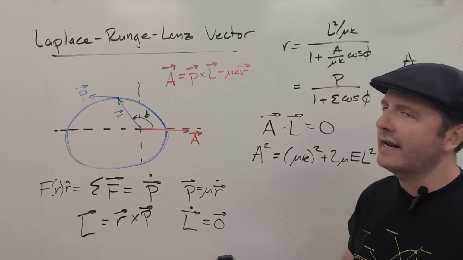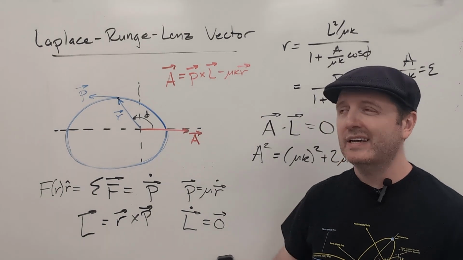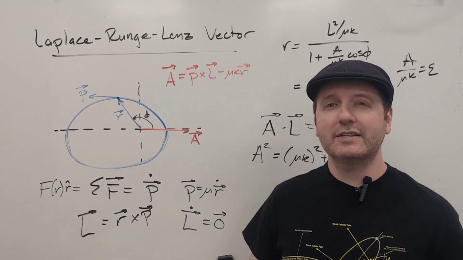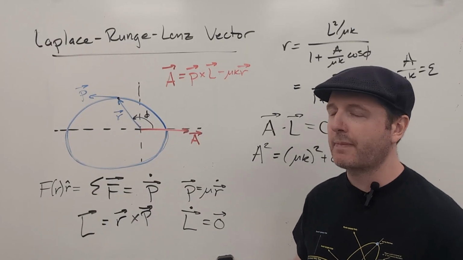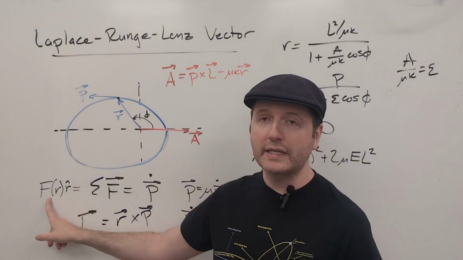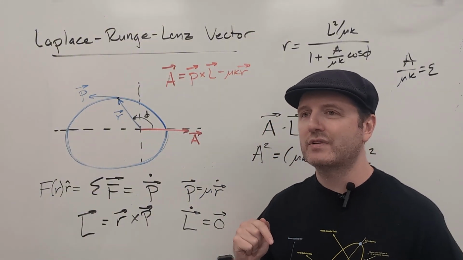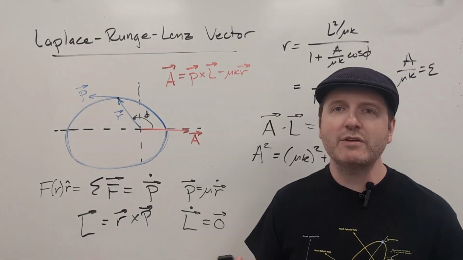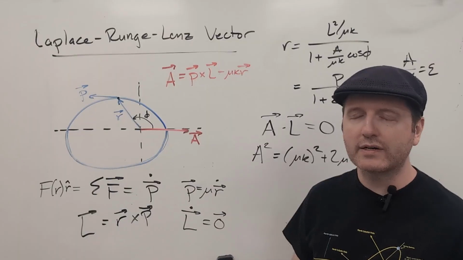And you might ask, well, can you get other conserved quantities by using different force laws? The answer is kinda. It depends. For example, in the case of a harmonic oscillator, where this force is a linear force in R, you do get a conserved quantity, but it's a conserved tensor quantity, like a matrix quantity. So we don't get a conserved vector like we do here.